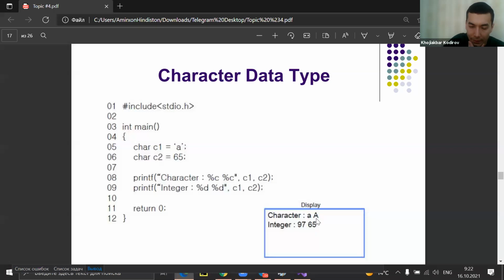And they are printing integer values, the integer representation of this character. For example, he's saying integer percentage D, and C1. C1 was the small letter a, not the capital one.